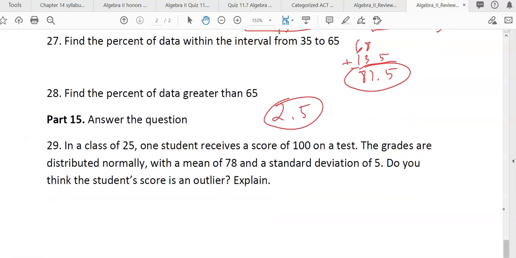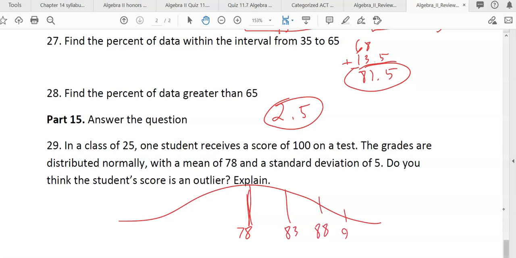Class of 25 students, one student receives a score of 100. These grades are normally distributed with a mean of 78 and a standard deviation of 5. Do you think the student's score is an outlier? So 78 is the middle. 5 more would be 83, 88, 93.